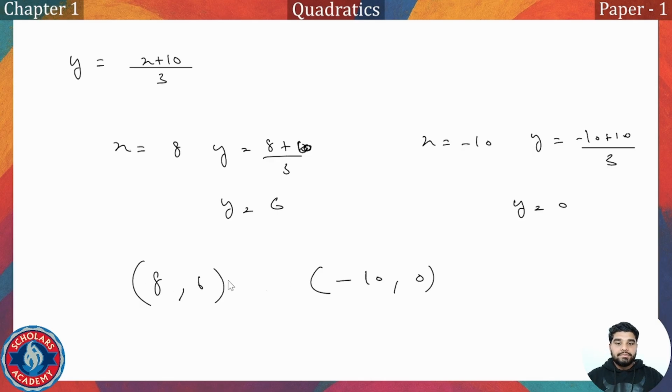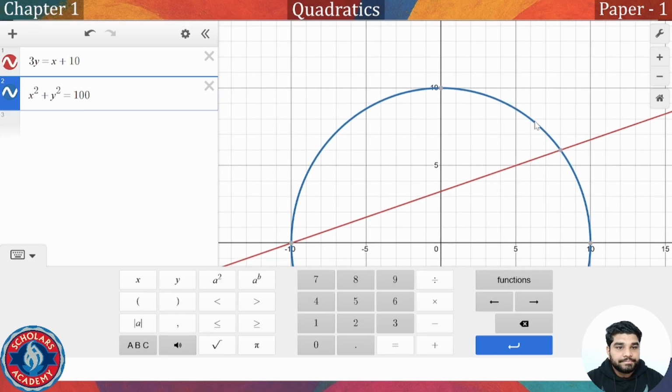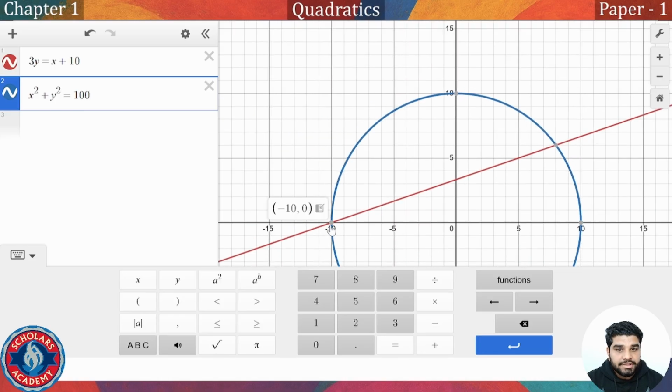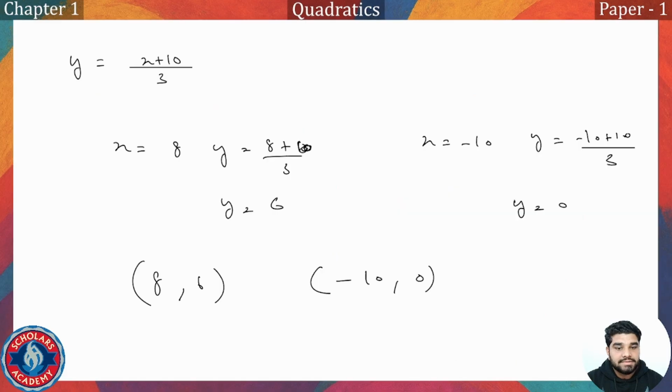So these are the two coordinates, and these are the two solutions of the linear and quadratic equation. If we check this in a graph, so 3y is equal to x plus 10, and x square plus y square is equal to 100. So this is the first point, negative 10 comma 0, and this is the second point, which is 8 comma 6, right? So that is our answer.